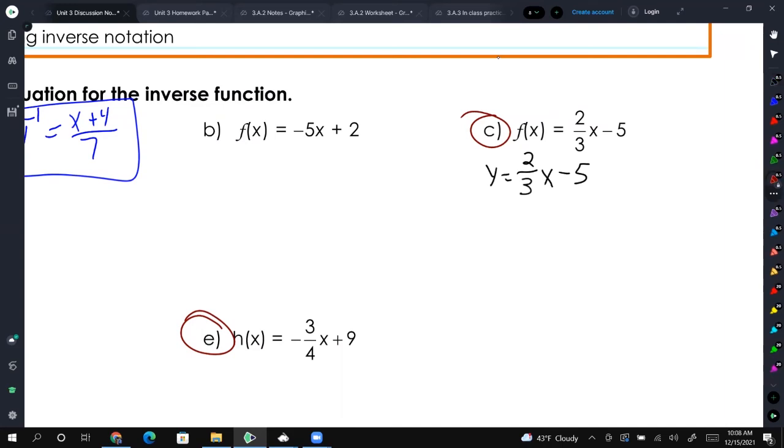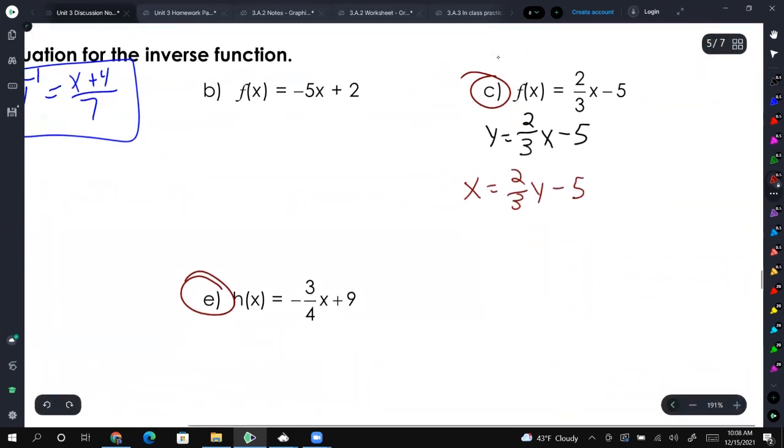Then we switch where x and y are. We now need to get y by itself, so we're going to add 5 to both sides. So x plus 5 equals 2 over 3 y.